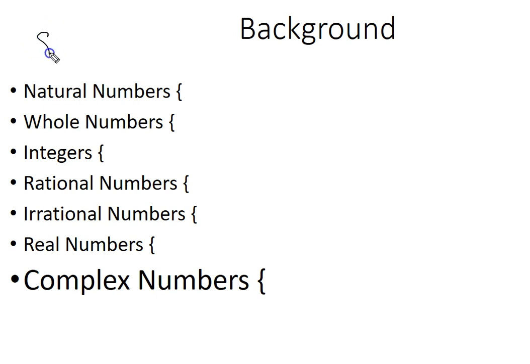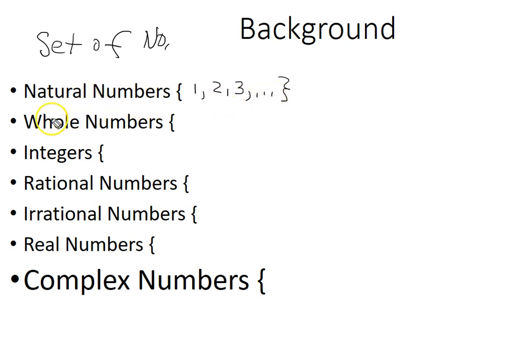But these are the different set of numbers that we deal with in our mathematics courses. One set of numbers are the natural numbers. 1, 2, 3, and then our ellipsis goes on to positive infinity.